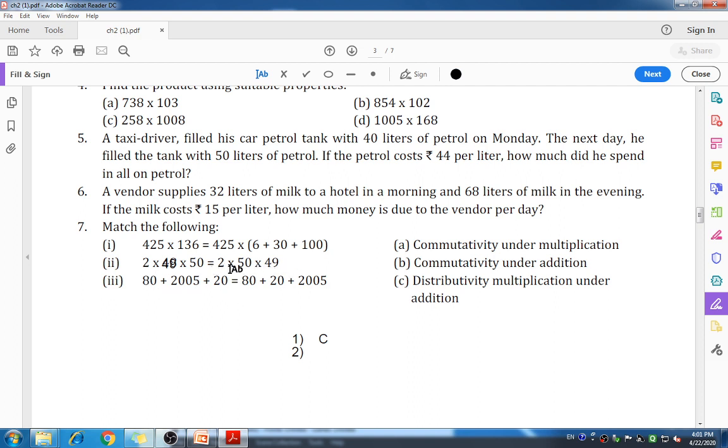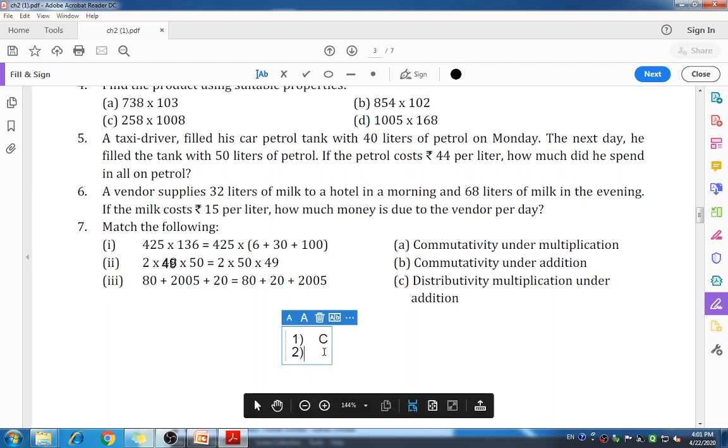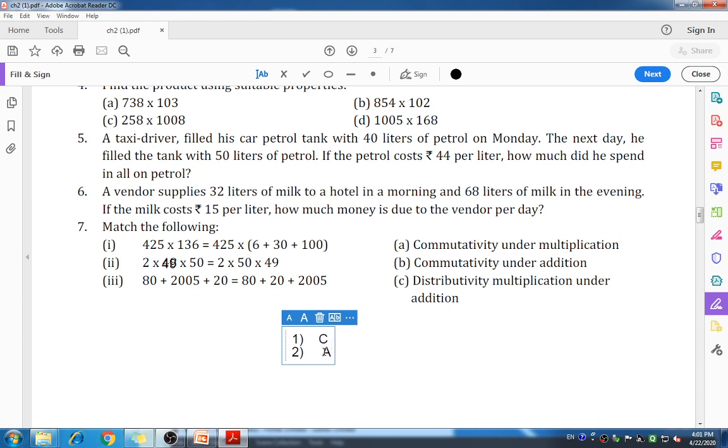So the order of multiplication is changed, so my answer is A. And the third one, 80 plus 2005 plus 20 is equal to 80 plus 20 plus 2005, that is commutative under addition.